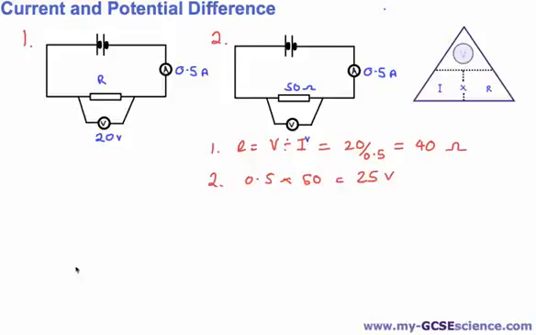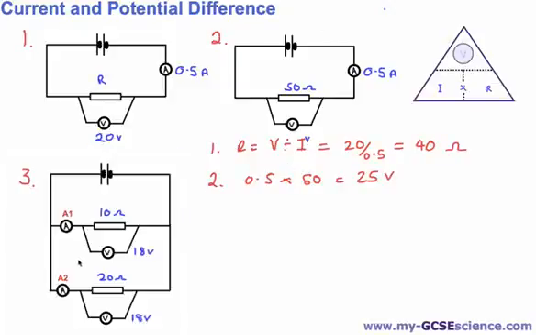And the third one here is slightly less straightforward. We are required to work out the current in what we call a parallel circuit, and the parallel circuit is one that has branches, and because it has branches, if we're working out resistance or current in this case, we have to work with that particular branch. So we just focus on that area there for working out the current in A1.